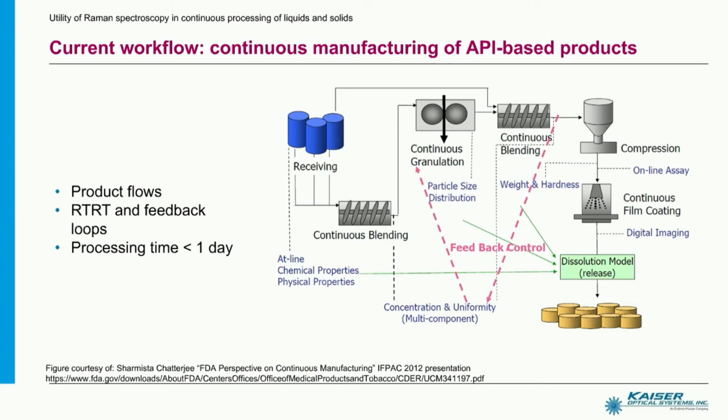This is an example of a continuous manufacturing line for API-based products presented in 2012, where you're incorporating product flows, real-time release, and feedback loops, and the idea is that you have the processing time in less than.